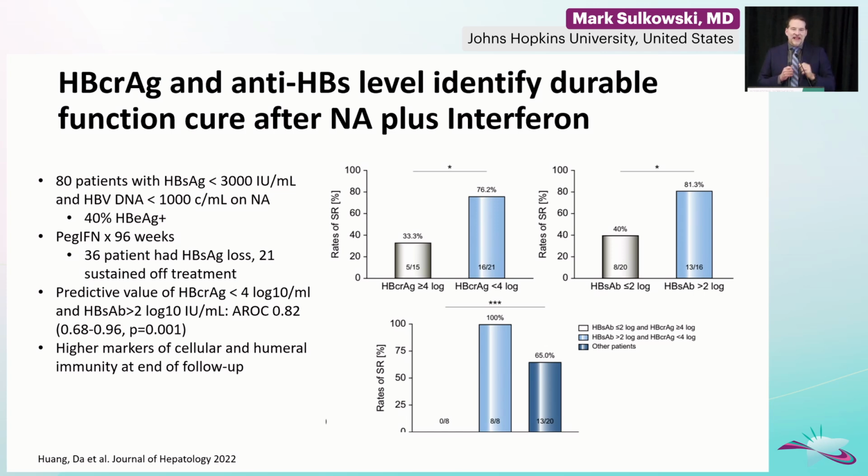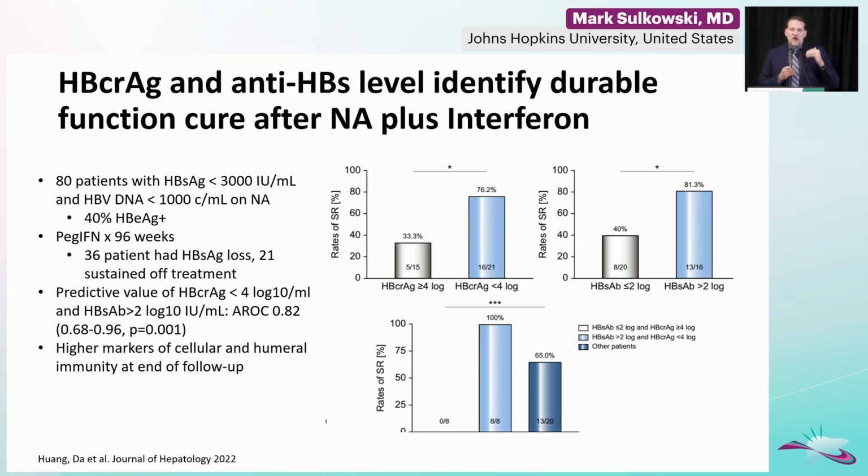That was the increase in anti-HBs. And in this particular study of interferon and nucleoside analog treated patients, there were 80 patients, 21 of whom developed a sustained hepatitis B antigen loss. And in the figures, what it demonstrates is there was a predictive value of the amount of correlated antigen and the titer of anti-HBs.